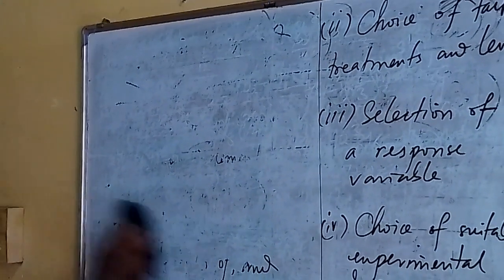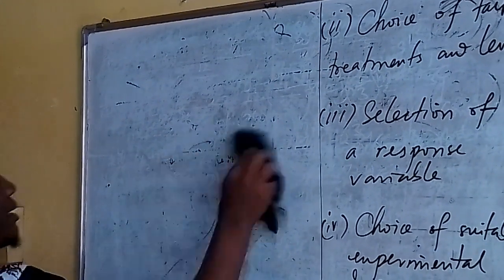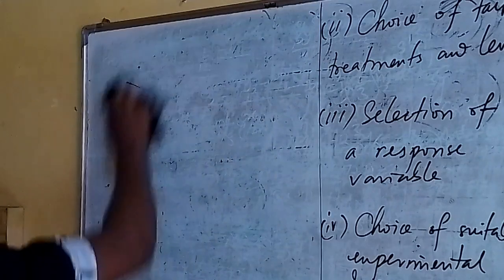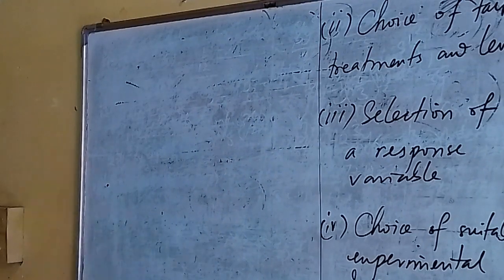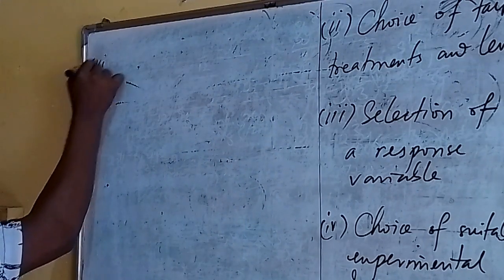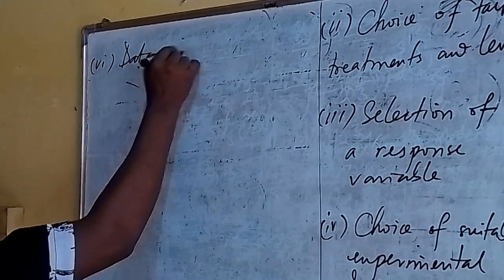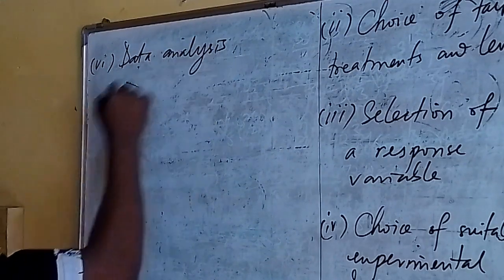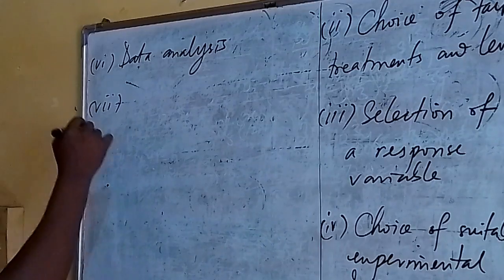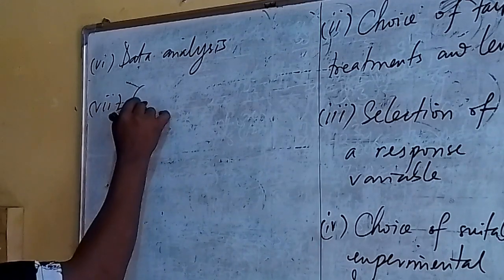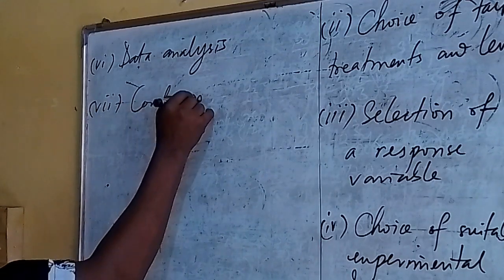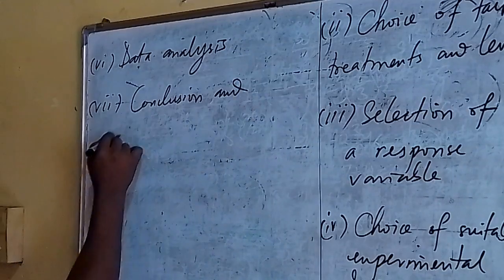You now go into data analysis in step 6, and you round it up in step 7. So in step 6, you go into what? Data analysis. And in step 7, you can now conclude and make recommendations. Conclusion and what? And recommendations.